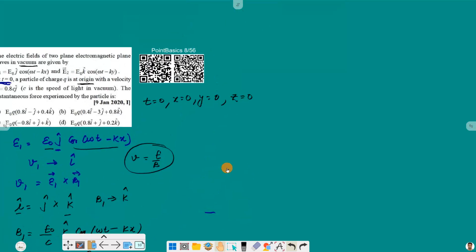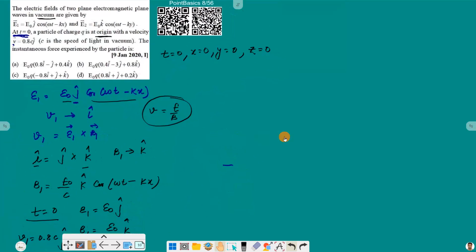Now let us start with the second one. For the second one we have that E2 is equal to E node K cos of omega t minus ky.